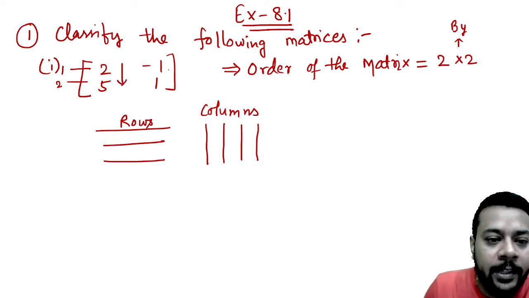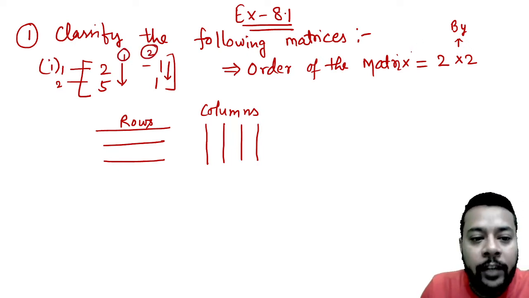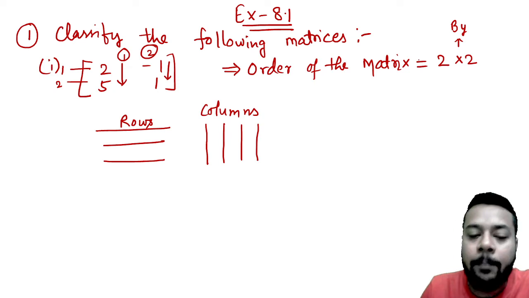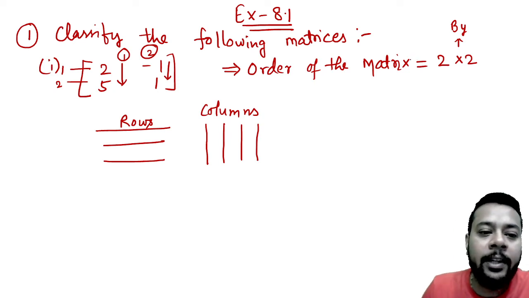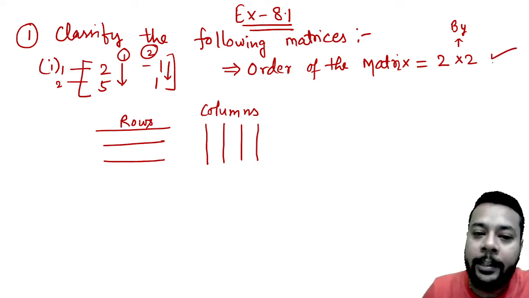Total 2 columns, right? So this is how we write the order of the matrix: number of rows by number of columns. So here in this matrix, there were total 2 rows and 2 columns, so the order is 2 by 2.